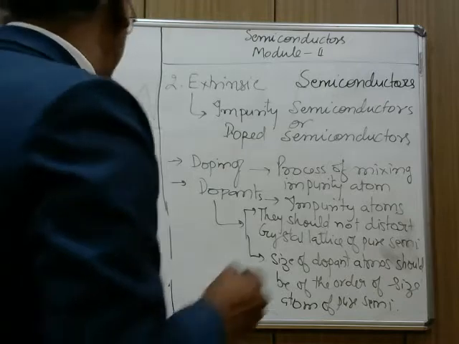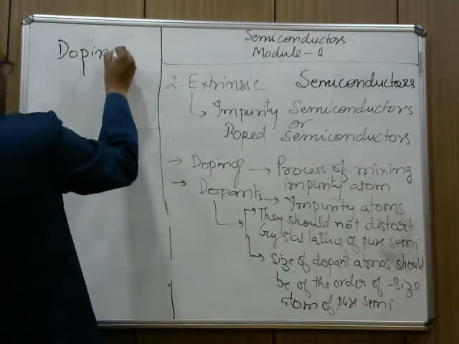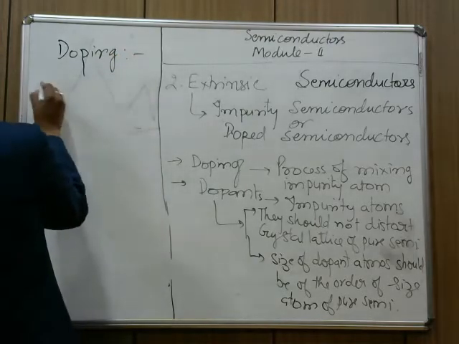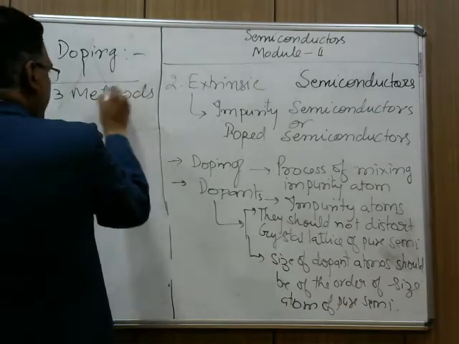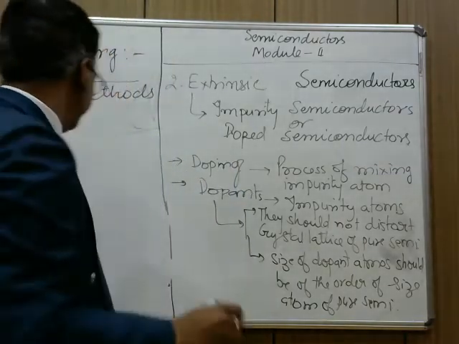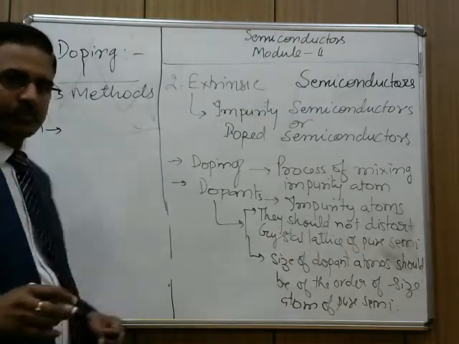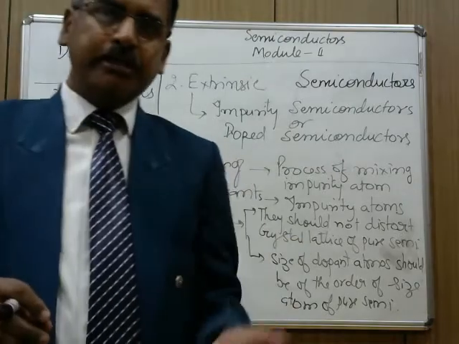Now, talking about doping, I was telling you that there are three methods which you need to understand. First method: in the molten pure semiconductor, you mix the dopant atom.